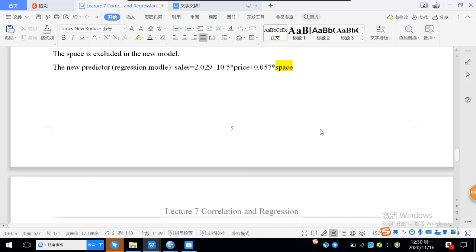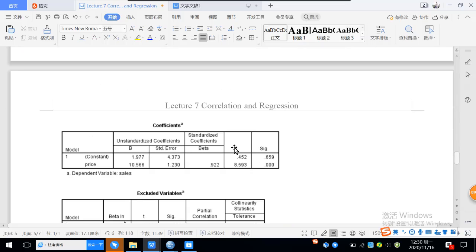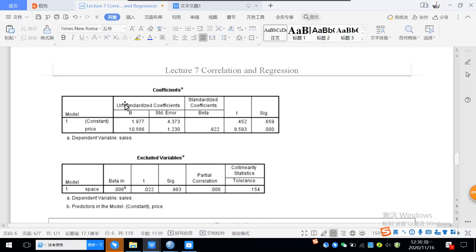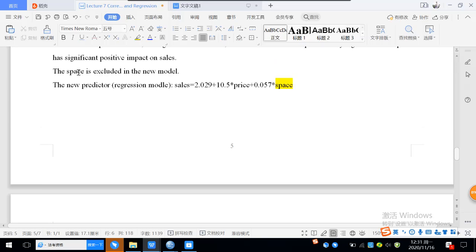Okay, and then is the test of the coefficients. Through here, you can see that in this regression model, just price is left. Space is excluded. So we can say that space is excluded in the new model. Absolutely, space has no significant impact on sales.